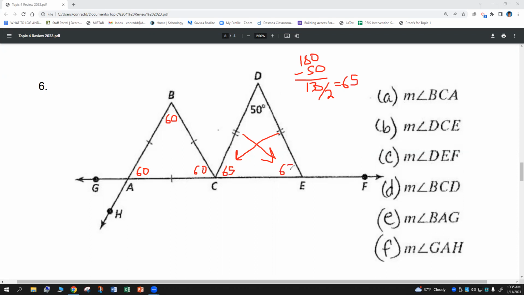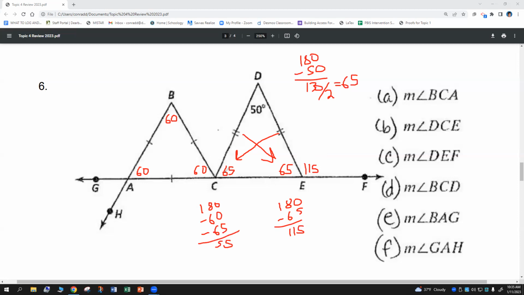and 65. From there, we just have linear pairs, vertical angles. So these 2 are a linear pair. So 180 minus 65 is going to give me 115. Okay, here these 3 angles should add up to 180, right? All 3 of those. So I can do 180 minus 60 minus 65, which gives me 55.